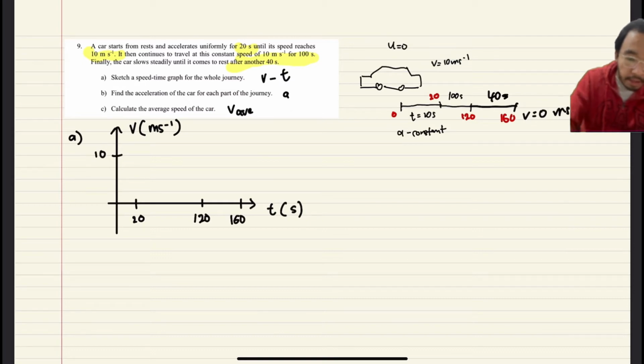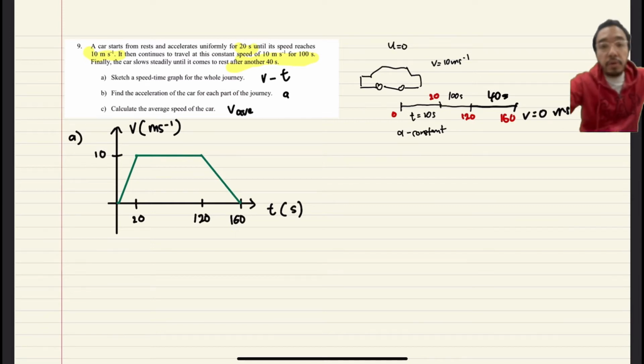Okay, the next part is the easy part. Basically, once you have all these numbers, you just have to draw. So I just roughly draw the points here so that I can make my lines a little bit better. Okay, so it should look something like this.